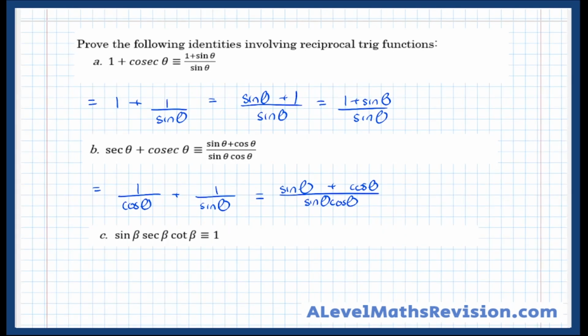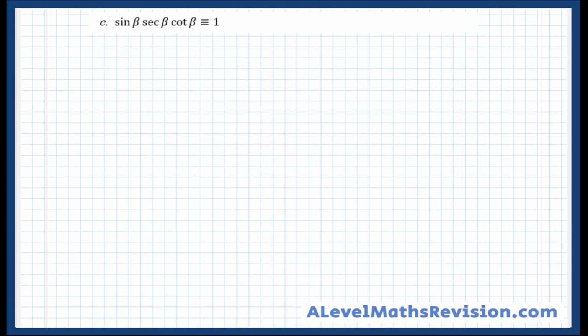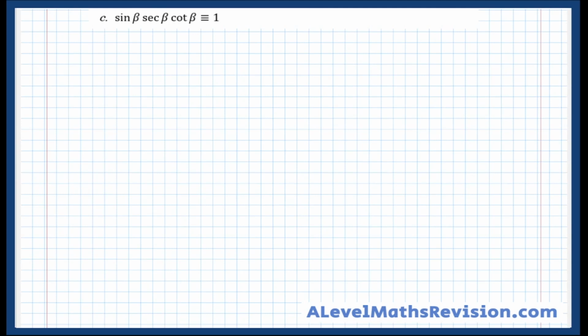And now for a bit of a bonus example here. So prove sine beta, sec beta, cot beta is identical to 1. So the key here is to write out each of the trig identities in terms of sine or cos. So that one's already sine beta, but sec beta is 1 over cos beta.